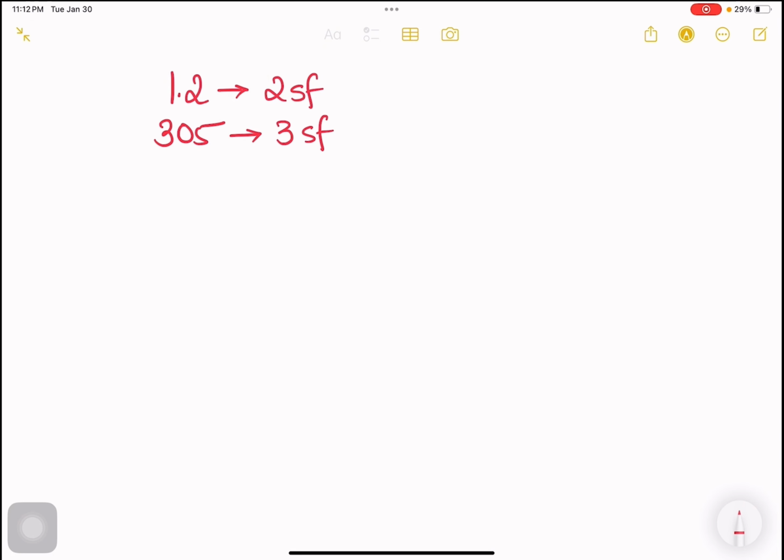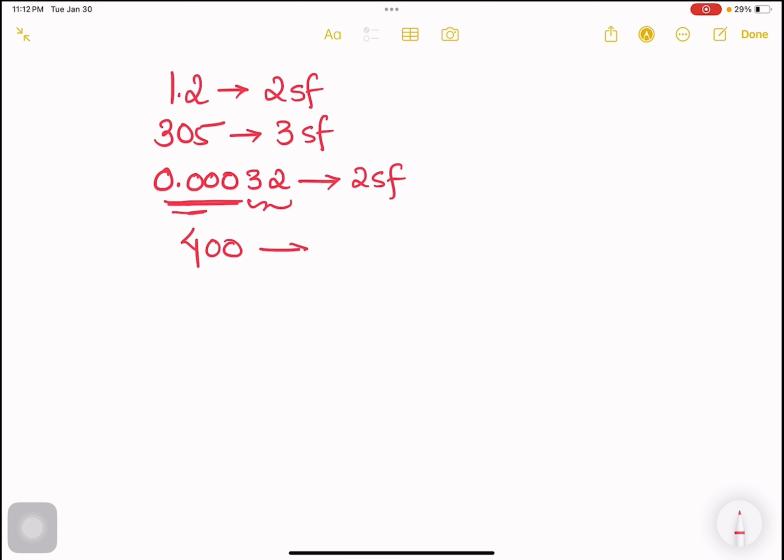Now, if the zeros are at the left of the number, they are not significant. Example, if it is 0.00032, you will not count these zeros. Okay, so it has only two significant figures. Now, what if the zeros are on the right side? For example, 400, if it is on the right side and if there is no decimal point, it has only one significant figure, so you will not count these zeros.